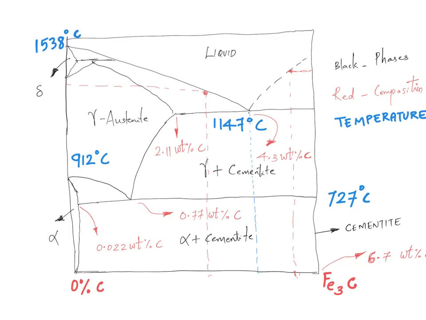So the composition at which the alloy can be easily melted, or in other words, the composition at which I have to heat the alloy to only a low temperature compared to other compositions, is this one. Here I only have to heat up to this temperature, after which I get a liquid phase. That's why this particular composition is called a eutectic composition.